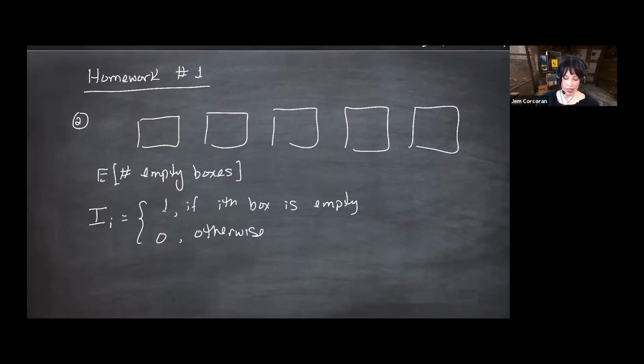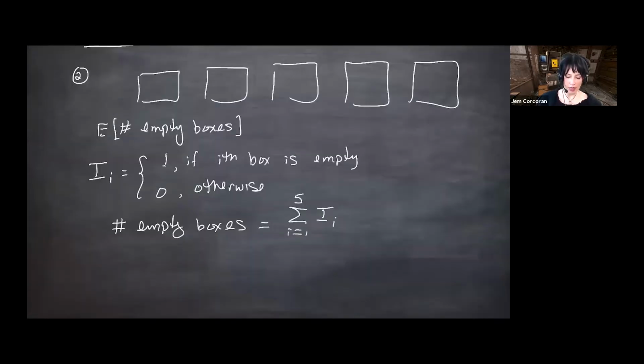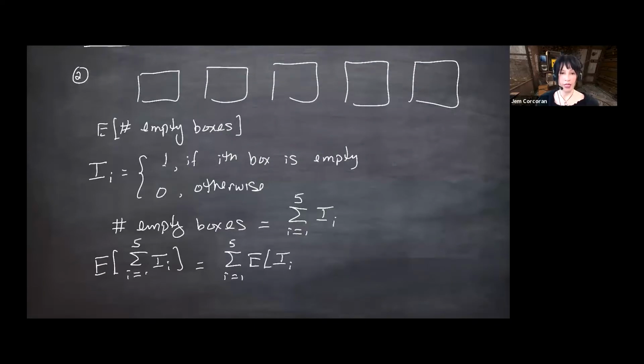And so the number of empty boxes is going to be the sum as i goes from 1 to 5 of I sub i. If you're taking the expected value here, you can pull that sum out. It's weird, but you can treat the boxes independently. Expectation is a nice linear operator, so you can pull this out.